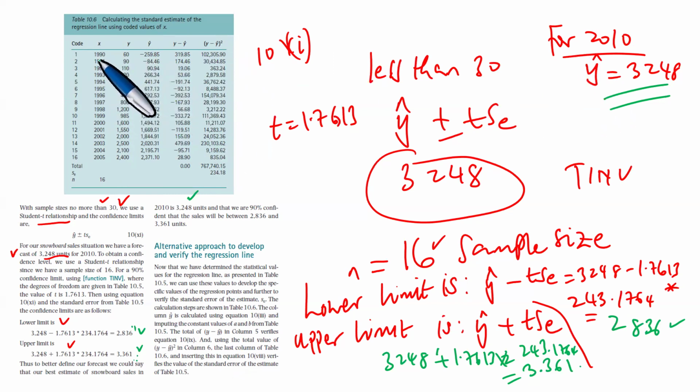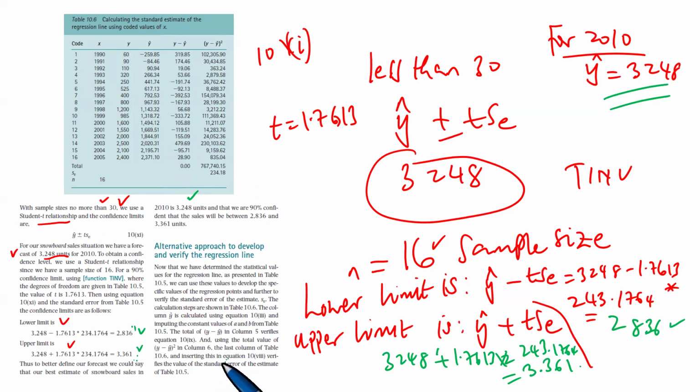If we put in the X, we get the Y hat, and these are the values we get. Now we can find the difference, Y minus Y hat, and then we square them.